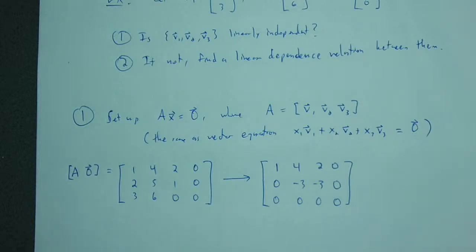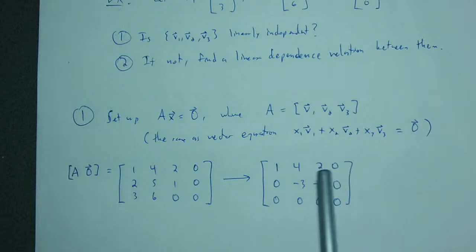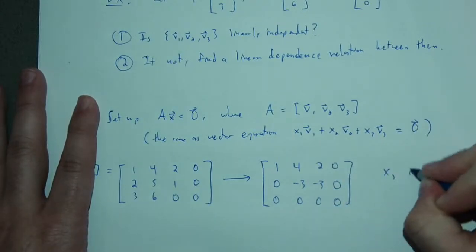If I do this, notice that I don't have to go all the way to reduced row echelon form to answer this first question. Is this thing linearly independent? Well, no, right? Because just looking at this, x sub 1 and x sub 2 are not free variables, but x sub 3 is free.